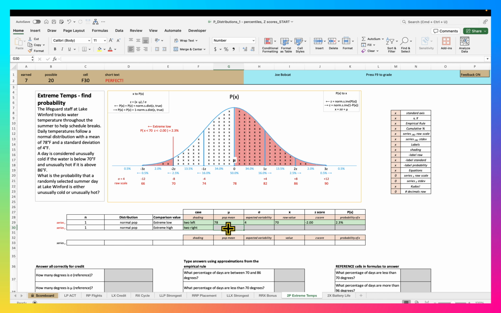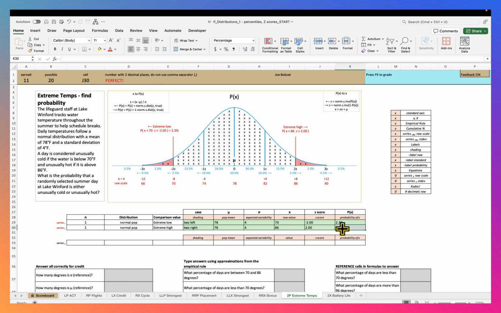The population mean is the same 78, but we don't want to type it, we just want to reference it. Same with the expected variability, just reference it. The raw value from the problem is 86, which defines a hot day. And the z-score is going to be x minus mu divided by standard deviation.